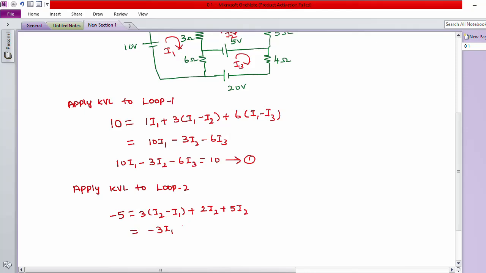So, minus 3 I1, plus 3 plus 2 plus 5 becomes 10 I2. We can rewrite this equation: minus 3 I1 plus 10 I2 equals minus 5. Take this as equation number 2.